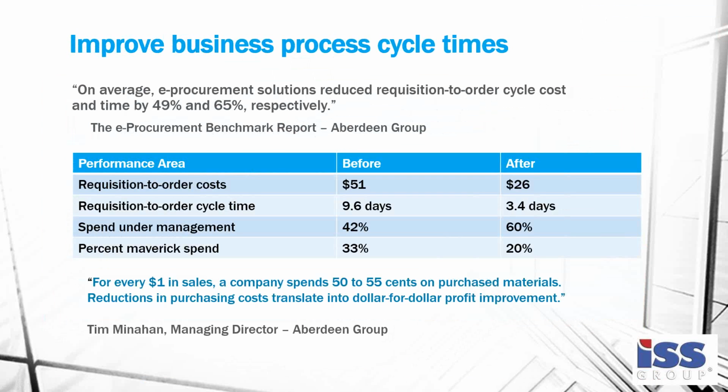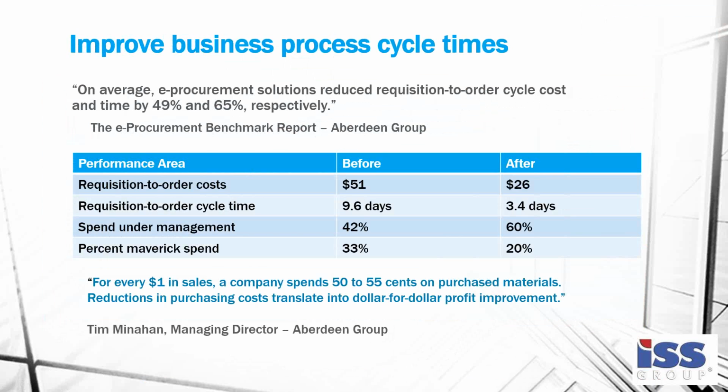Here is just one quick example, and this is indicative. This is not my data. It's not ISS data. This is out of the Aberdeen Group. It's a very well-respected organization. In their tests, in a requisition to PO effort, they're able to change the cost of a requisition to order from $51 to $26 and cut the cycle time by 2/3.